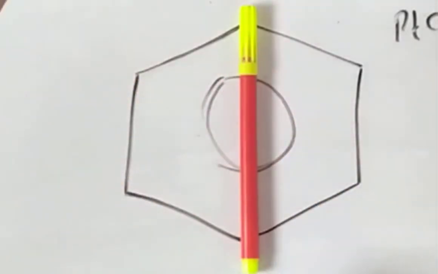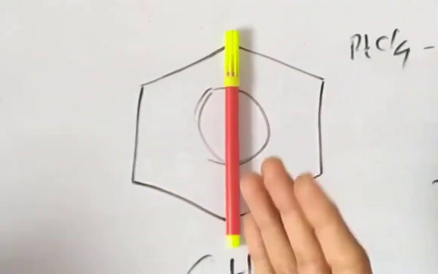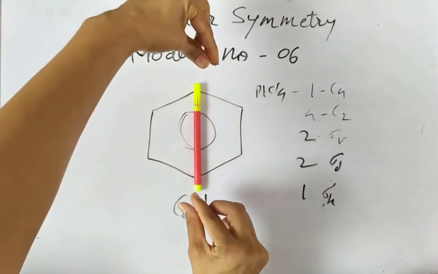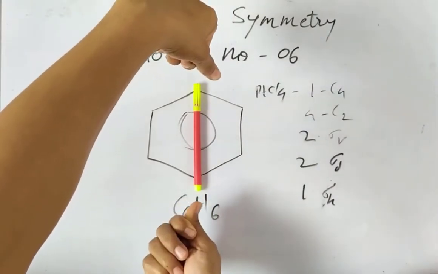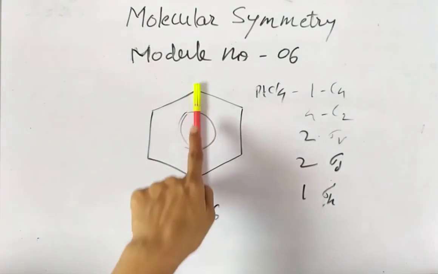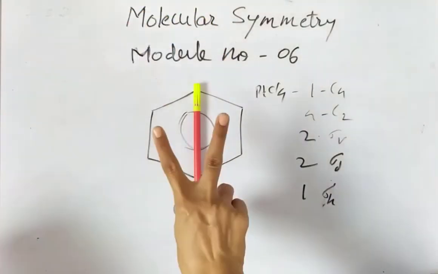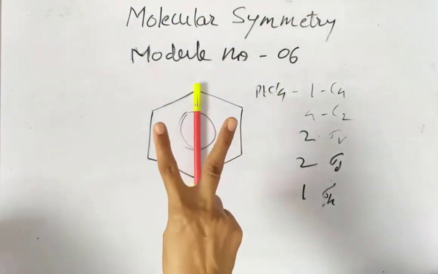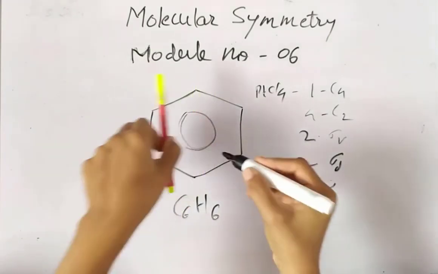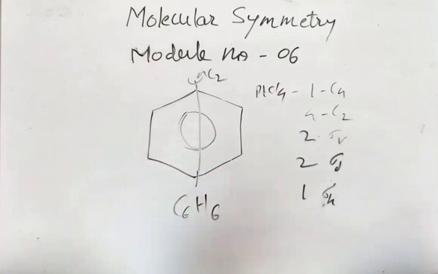Just rotate this axis, the molecule will get rotated like this. Suppose it is the line and now I am rotating it by 180 degrees. You will get the same image. Means the rotational axis can be passed from here. What is the angle of rotation? 180. So this line will be called C2.